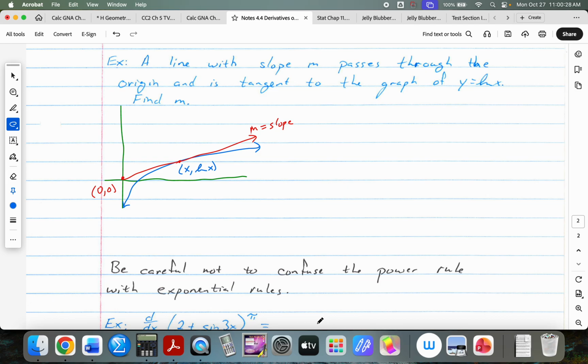And the key is understanding that there are two different ways to find the slope of that line. One is, well, find the slope of the line. The slope of that line is going to be equal to the change in y over the change in x. So that's natural log of x minus 0 over x minus 0 is natural log of x over x.